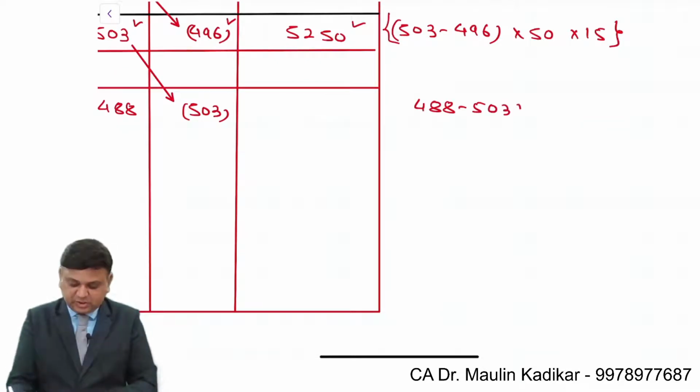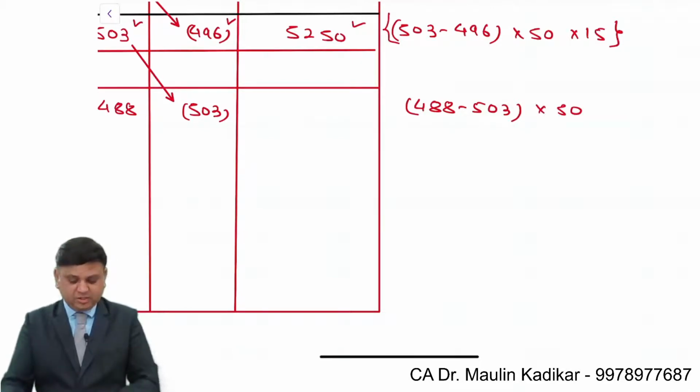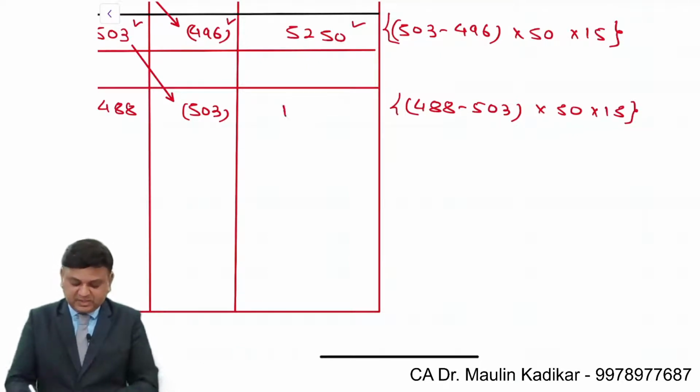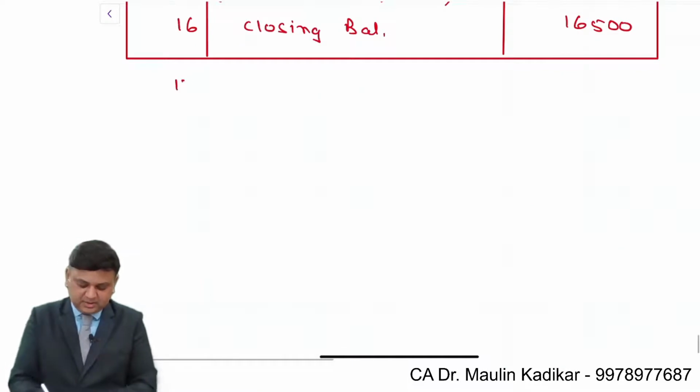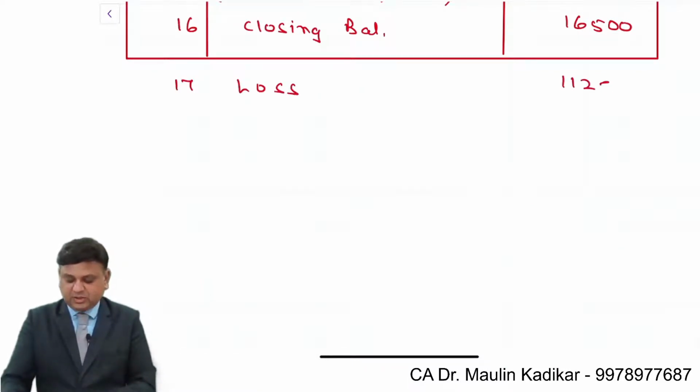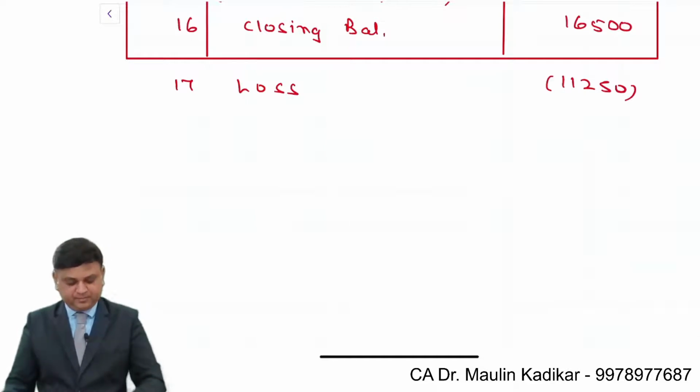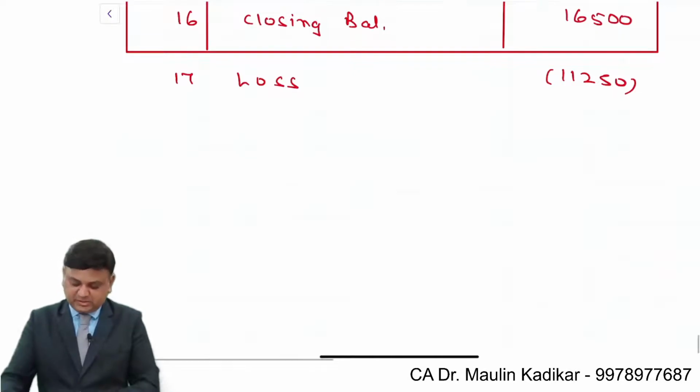Loss of 15 into 15, that is the lot size into 15 number of contracts entered upon. That is 11,250. So this loss will be deducted over here. 16,500 minus this comes to 5250.